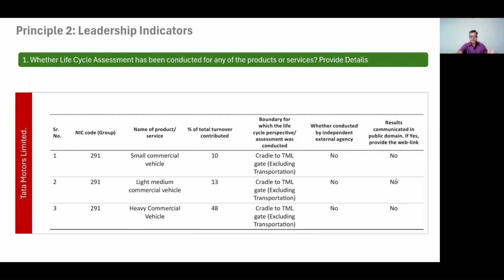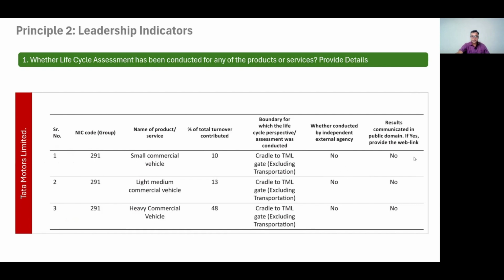So let's take the example of one of the biggest car makers of India, Tata Motors. It has done a life cycle assessment from cradle to TML gate, that is from raw material extraction until the manufacturing. It has done the life cycle assessment for small commercial vehicles, light medium commercial vehicles, and heavy commercial vehicles, which form 10, 13, and 48% of its turnover.